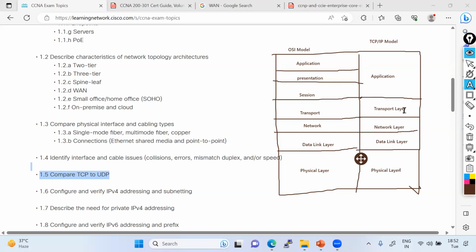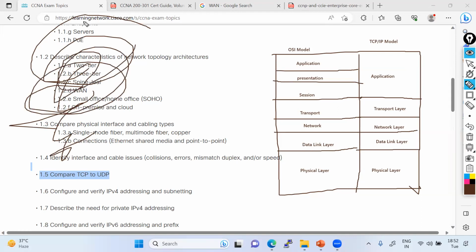If I'm talking about the application, whatever you're seeing on my computer is because of the application layer. The application layer is responsible for showing you the actual output of the programs, data, whatever application you are running. Because of the application layer, you see me writing here.